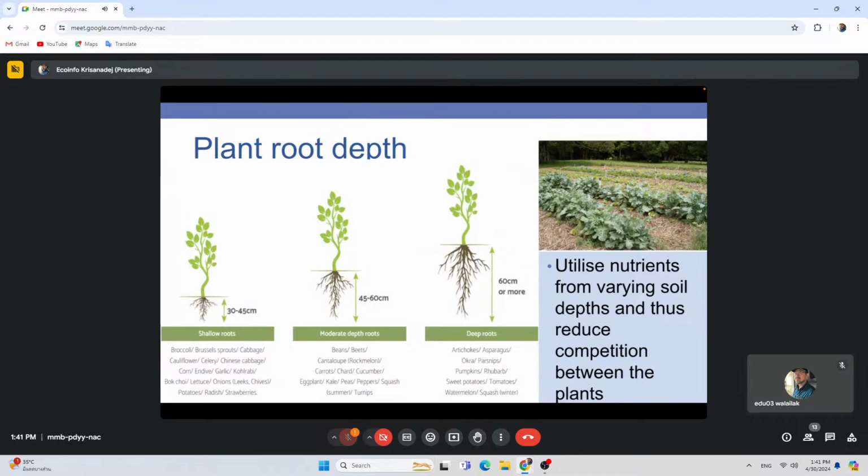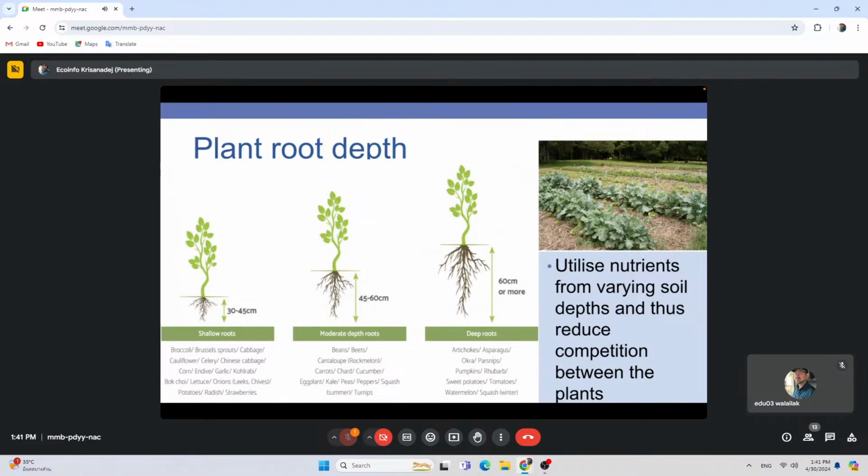When I talk about shallow root, moderate root, and deep root, these are examples of plants that have different root depth levels. Like broccoli, corn, for example, garlic, strawberry. These are shallow roots.